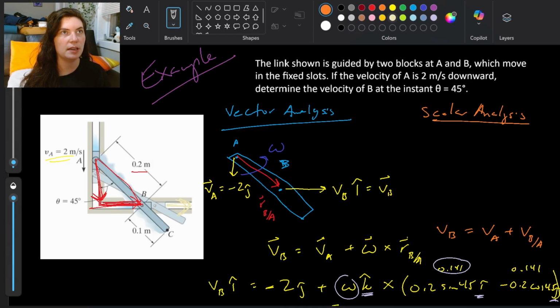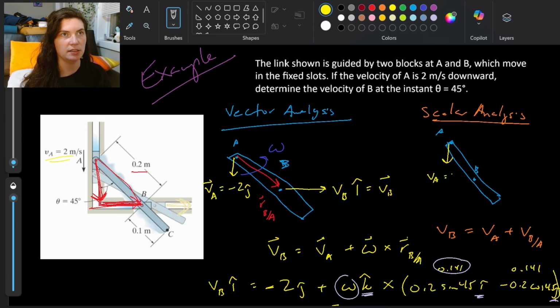So when we draw this kinematic diagram, what we're going to see is that we have still the same VA and VB. So still the same, here's your bar, here's A, here's B. Our VA is still 2 in that negative y direction.